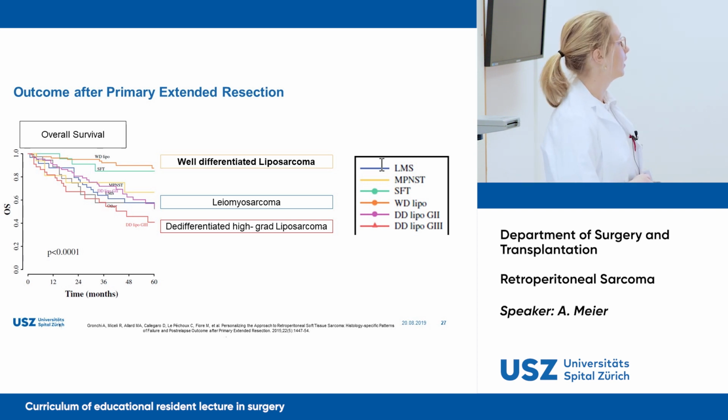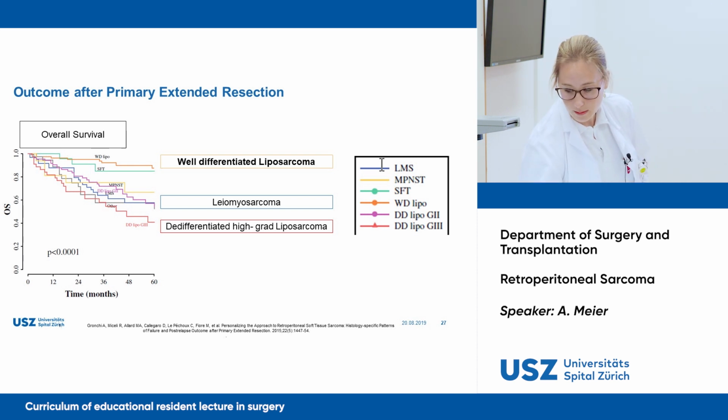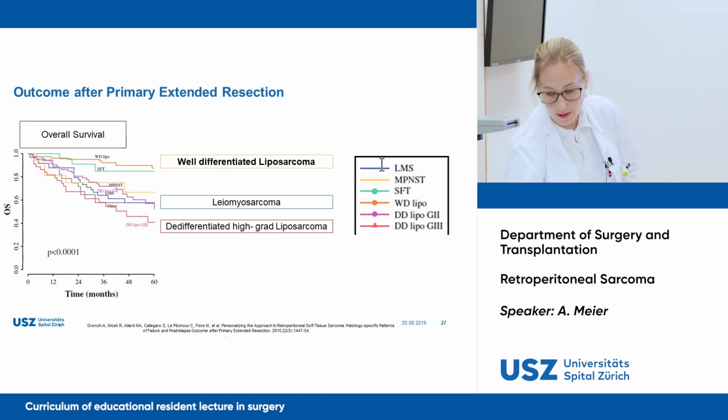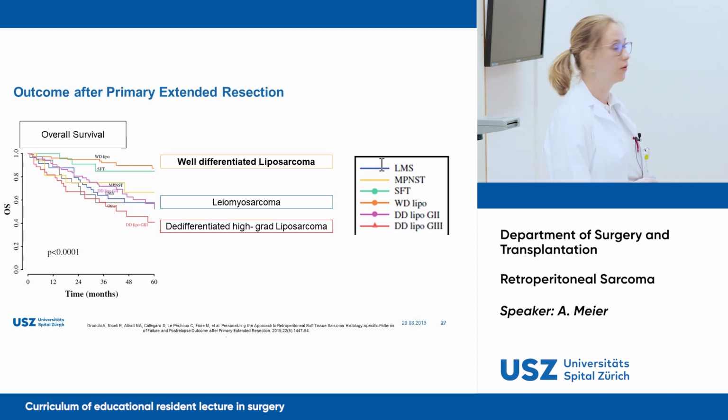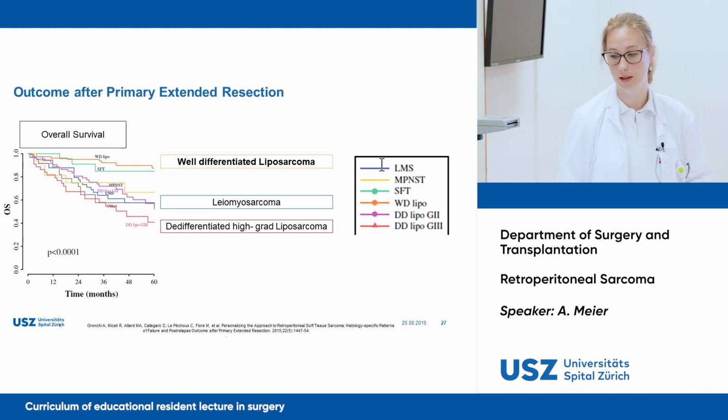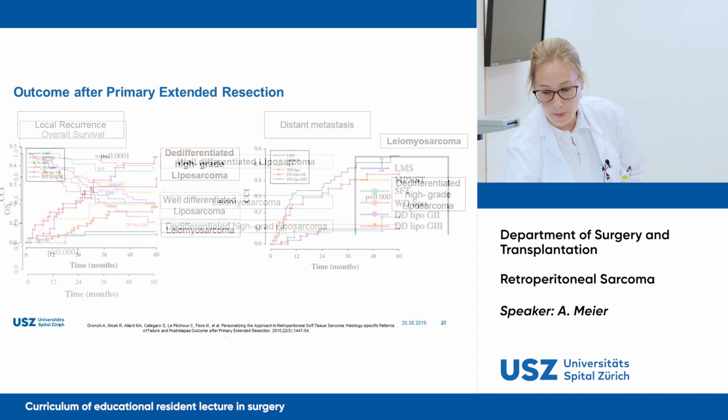There is a more or less good overall survival for the well-differentiated liposarcoma. There is the leiomyosarcoma, about 60%. And there is the dedifferentiated high-grade liposarcoma. So you see that there is a difference between the histological types in the overall survival.